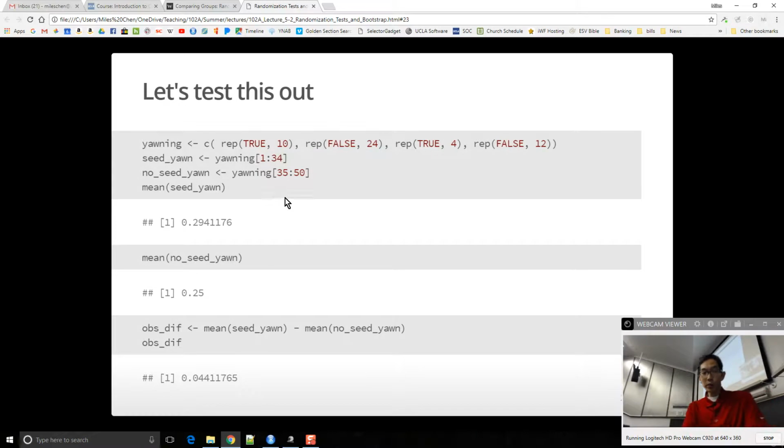So this is what we can do. I'm going to create a vector of this, and we're going to say some are yawning, yes or no, and then we're going to assign them to the seed yawn versus the no seed yawn group.